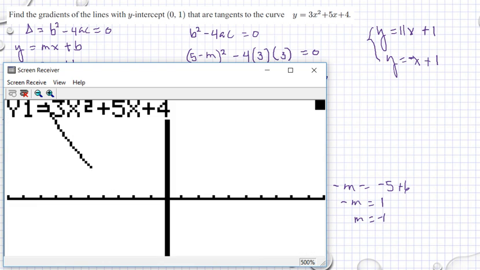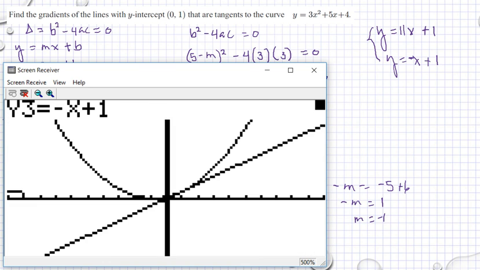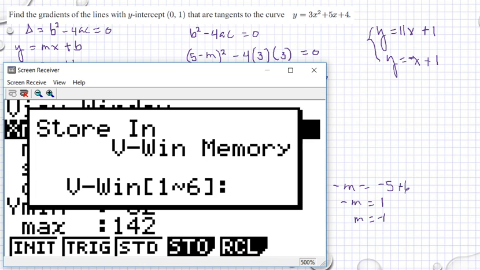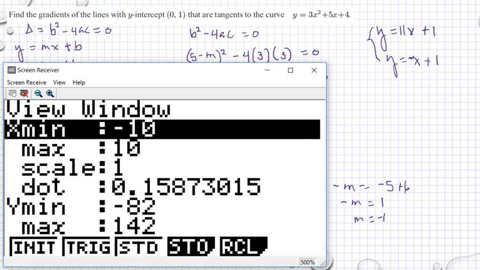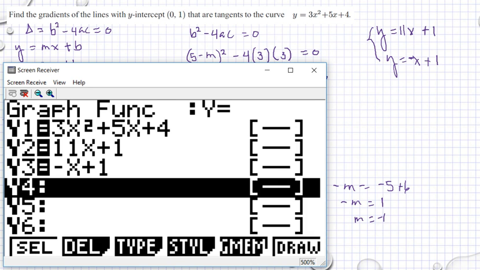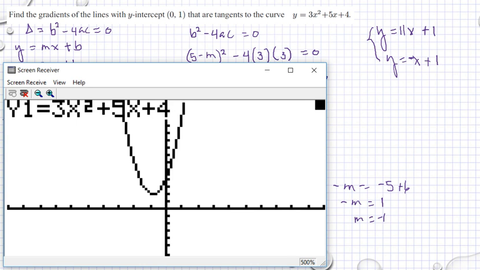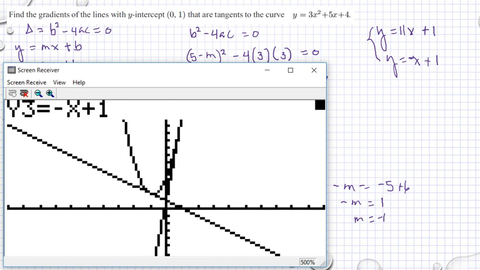Let's see. That's another possibility. If we try the standard window, let's see if we can see it properly. There you go. That's the first, and then that's the second possibility.